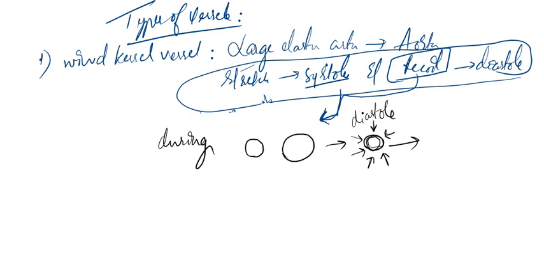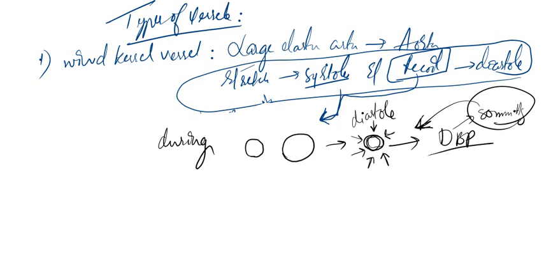So obviously this leads to some diastolic blood pressure, right? The diastolic blood pressure in the aorta is 80 mm Hg. This 80 mm Hg is produced due to the diastolic recoil of the aorta, right? And it maintains the blood flow in the diastole. This helps in maintaining the blood flow in the diastole.